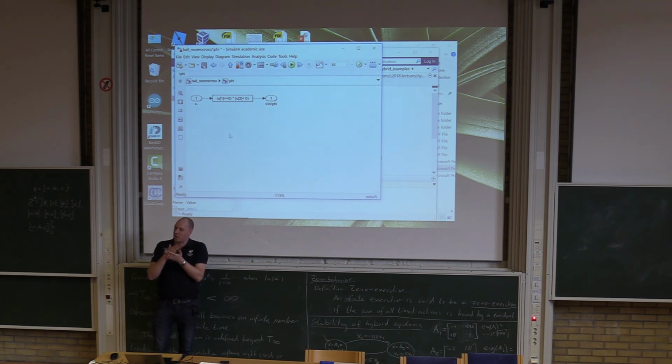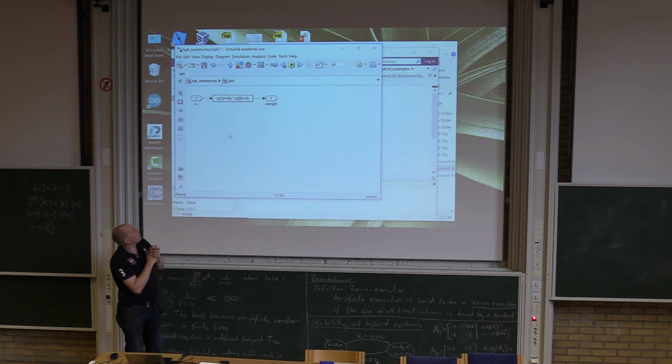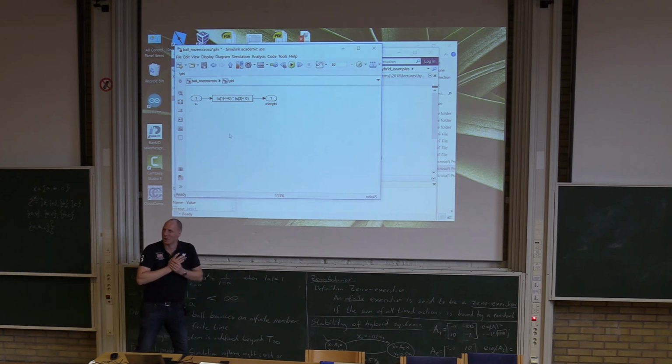So it might very well be that after the zero crossing detection the height will not be exactly 0, it might be slightly negative still, although we are very, very close to 0, right? And then we will have no more detections of this, right? Because now the velocity will be wrong. So watch out, it's a dangerous world.